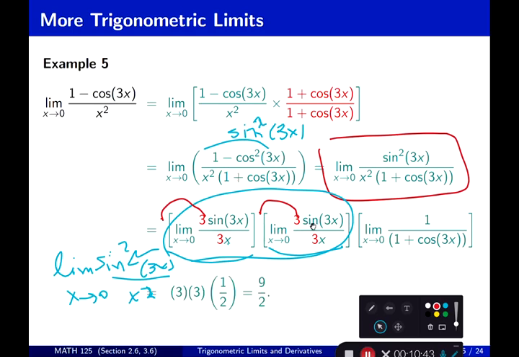And I use that identity, and the first limit becomes 3 because the limit of sine of 3x over 3x as x approaches 0 is going to be 1. The second limit becomes 3 also, and then the last limit, if I substitute, I get 1 over 2. So the answer is 9/2.